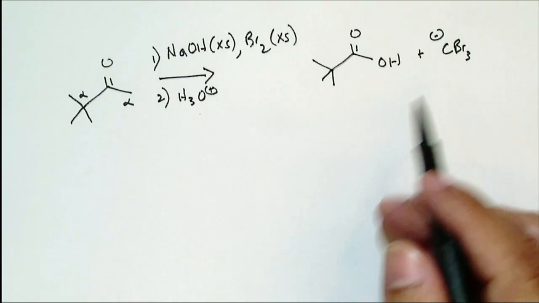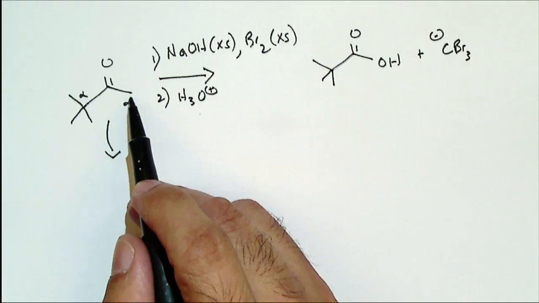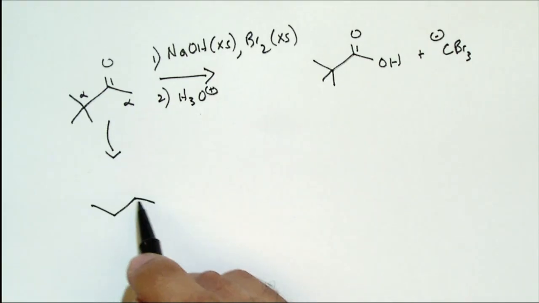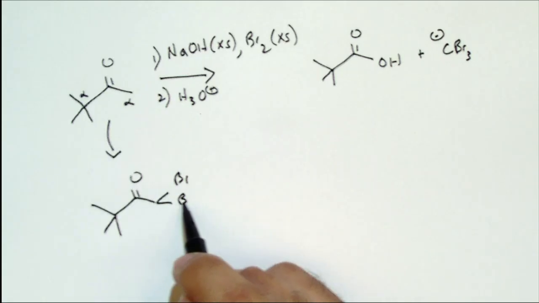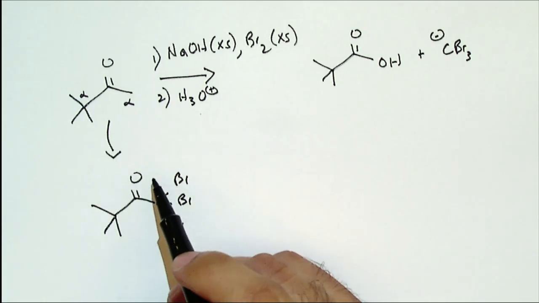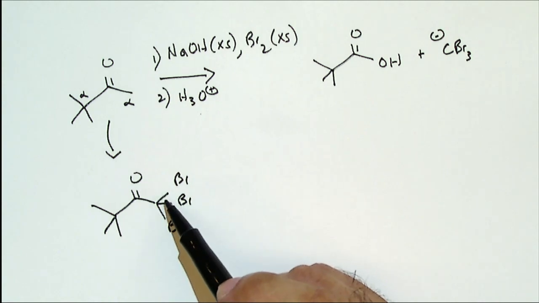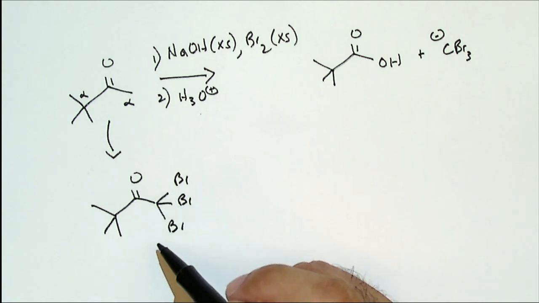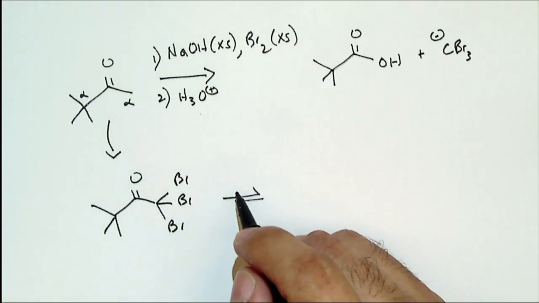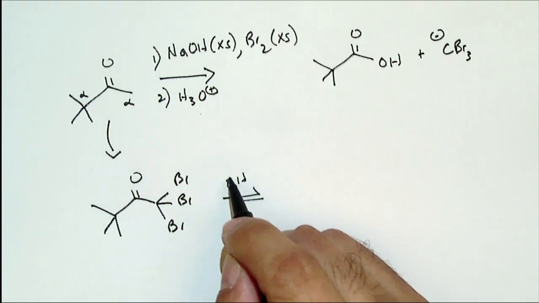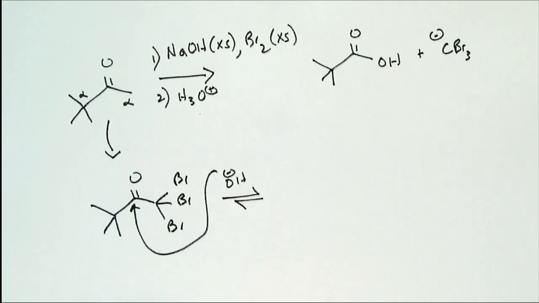So what happens here is, of course, you're going to add 1 bromine, then 2, then 3. So what you're going to get from that is going to be this situation where I have Br, Br, and Br, because remember, after the first alpha bromination, that becomes more reactive, and you can add a second, which is more reactive, and you can add a third. And so at this point, this is where your sodium hydroxide comes in. What your sodium hydroxide is going to do is it's going to come in, act nucleophilically, attack here.